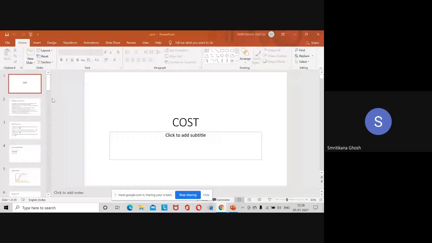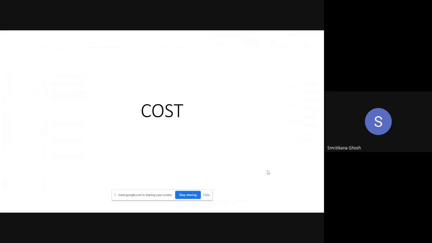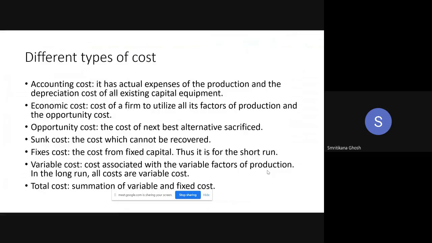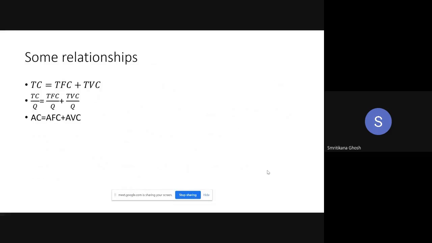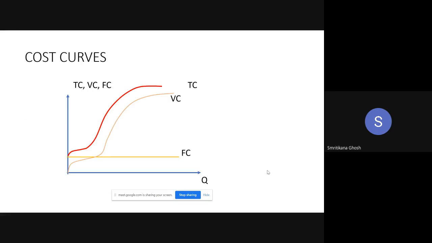Let me share my screen. If you can remember, we are dealing with the cost, different types of cost, short run cost, that is the marginal, average variable, average fixed cost, the relationship between the average and the total cost concept.